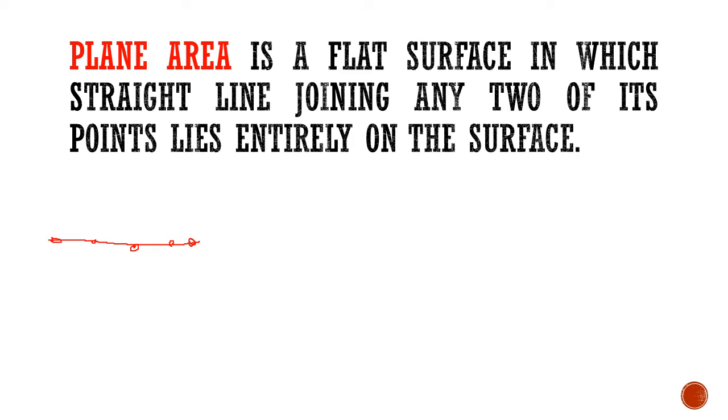So, ang sabi dito na yung plane area is a flat surface in which a straight line joining any two of its points. So, join daw yung points. So, if we have a straight line joining other straight line by a point, ayan, connect lang natin. Ito, point ulit.